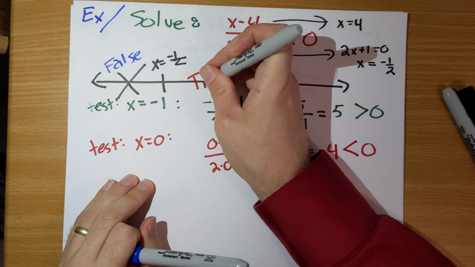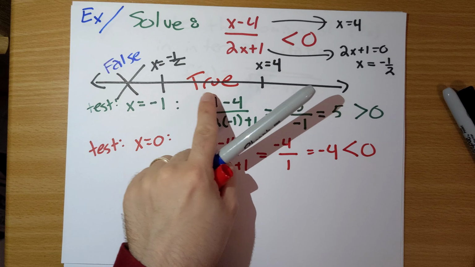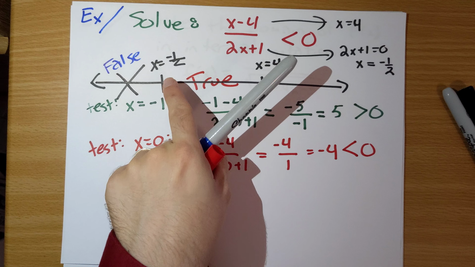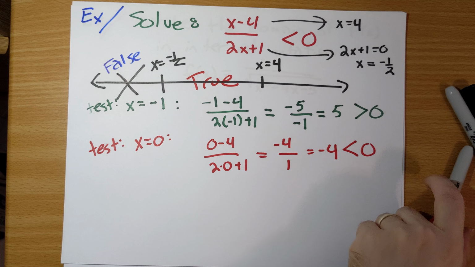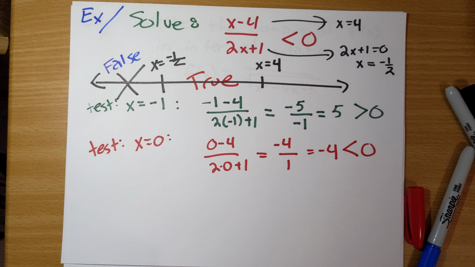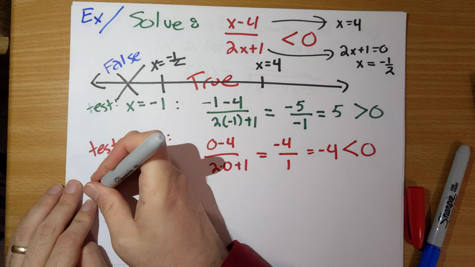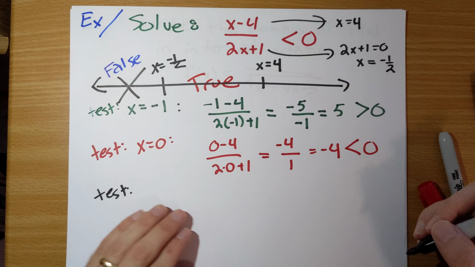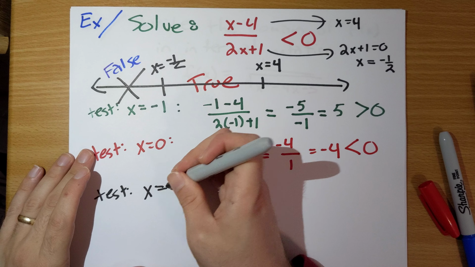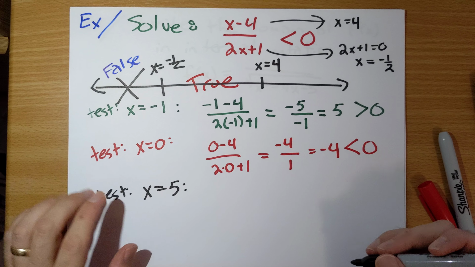So not just at x = 0, but at all points strictly between -1/2 and 4, the inequality is true. And then finally, let's test something to the right of 4. To the right of 4, we would have x = 5, let's say.